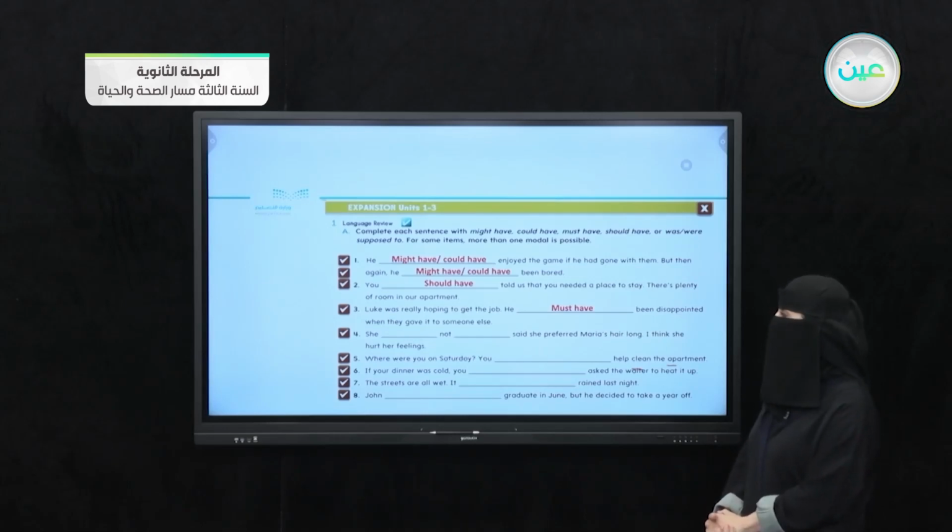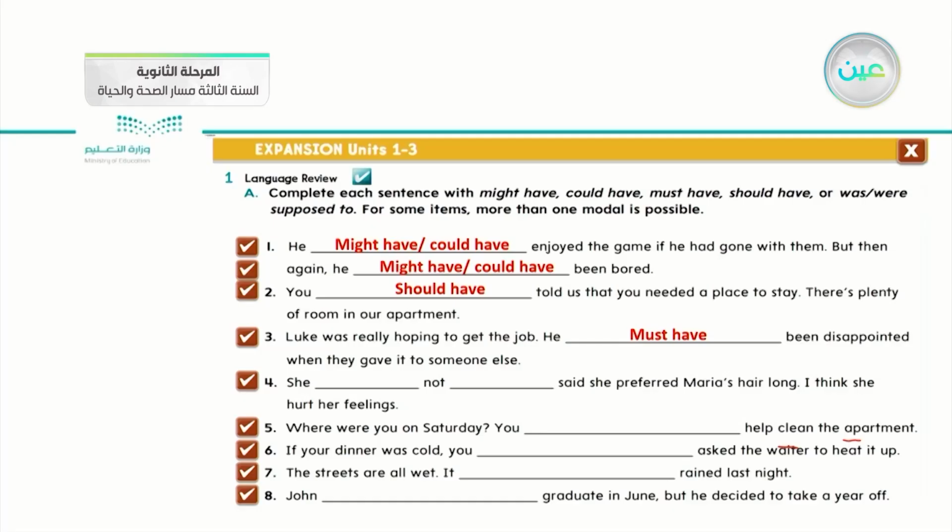Number four: she, space, not, space, said she preferred Maria's hair long. I think she hurt her feelings. So she should not have said she preferred Maria's hair long. I think she hurt her feelings.